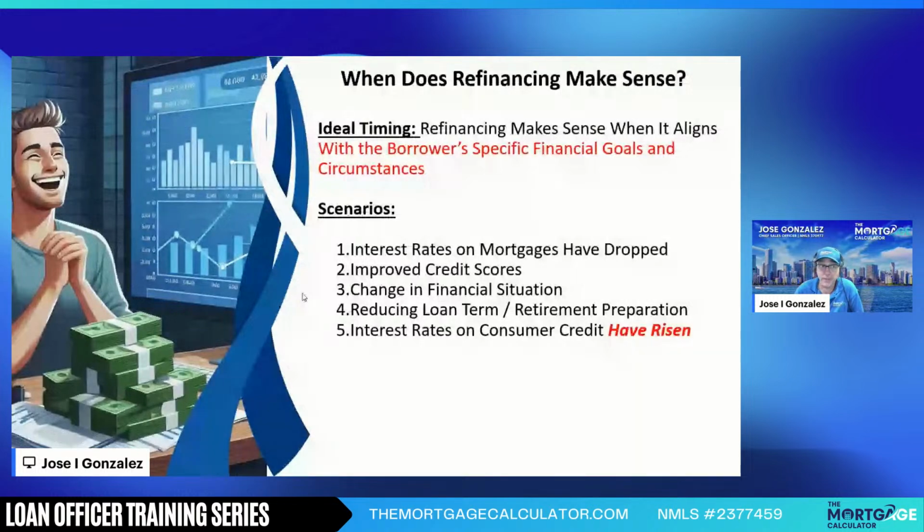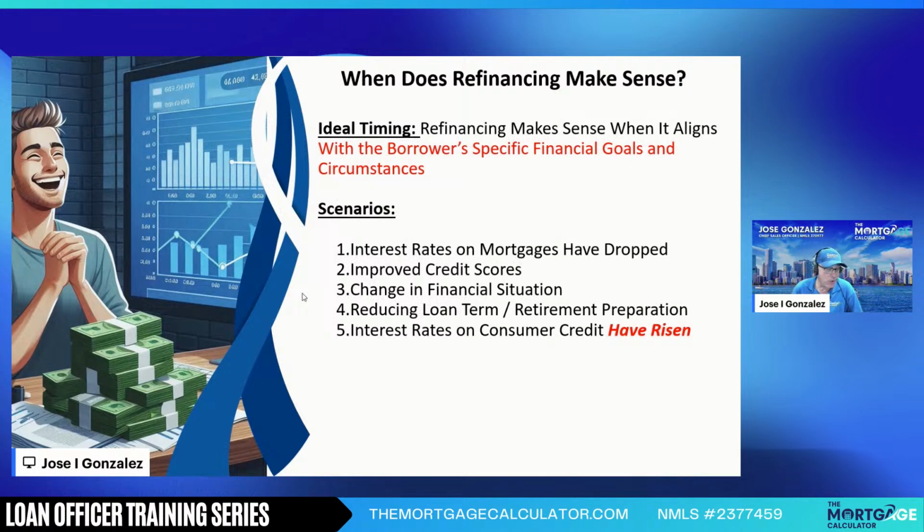They could be looking to reduce the loan term. Maybe they're thinking, I eventually want to pay this property off so that when I do retire, I don't have to move because I can't afford the monthly payment. So they may be looking to go from a 30-year to a 15-year term, right? Or you could have a scenario where interest rates on consumer credit have risen.